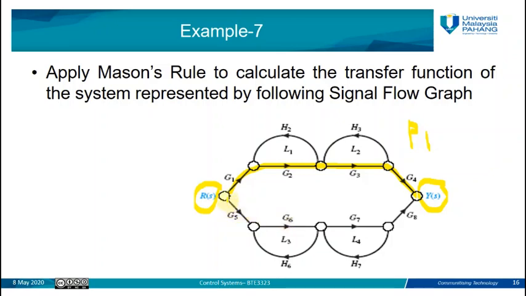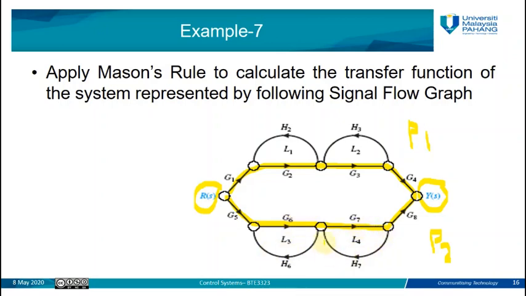The second path, which starts from the input point and ends at the output point, starts from Rs, goes through G5, G6, G7, G8, and to the output. So this is forward path number 2. We only have two forward paths. We do not have another forward path because this path is backward.